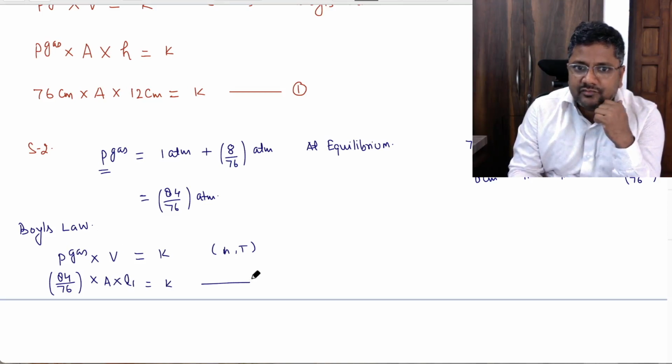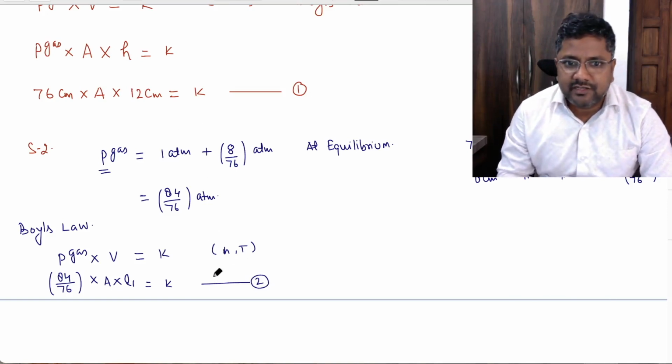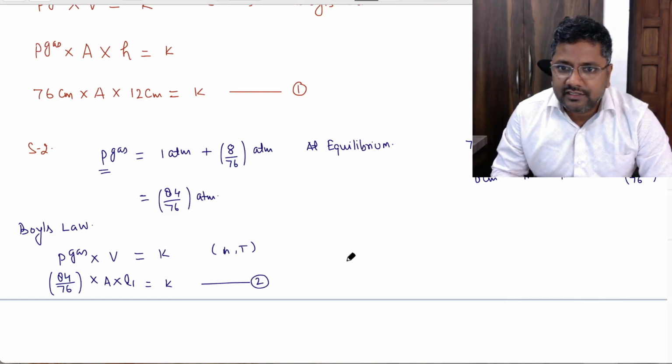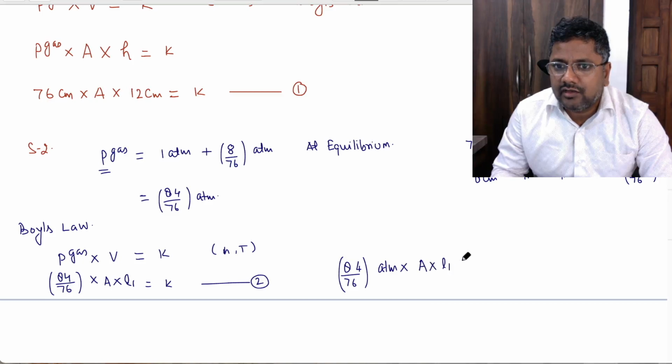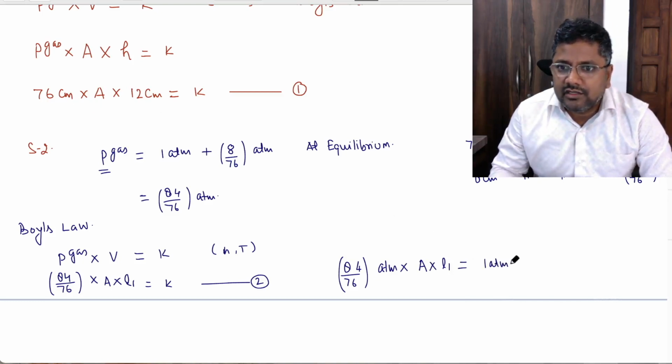This is equation 2. So what is the value of K? In both the cases, the value of K is same. So if right hand side is same, so left hand side is also same. So you can write here 84 by 76 ATM into A into L1 is equal to 76 centimeter is equal to 1 ATM. 1 ATM into A into 12 centimeter.